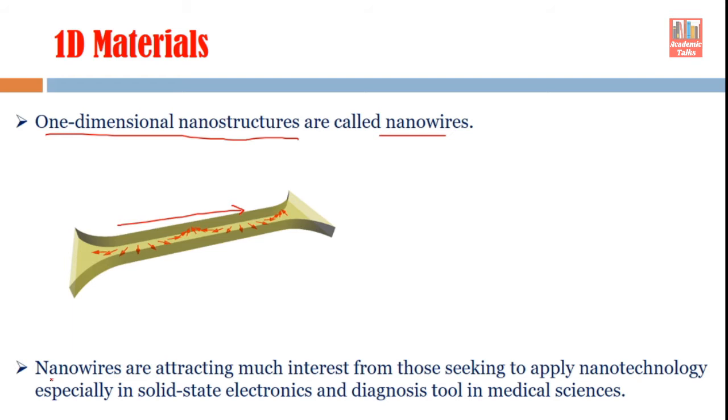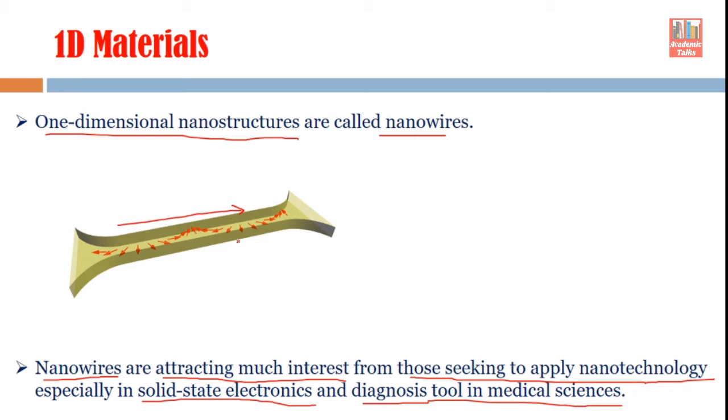Now nanowires, or these 1 dimensional materials, are very popular these days, and they are attracting much interest from researchers, especially those trying to use nanotechnology in solid state electronics and as a diagnosis tool in medical sciences. These 1 dimensional materials are like quantum wires, and quantum wires have very high conductivity.